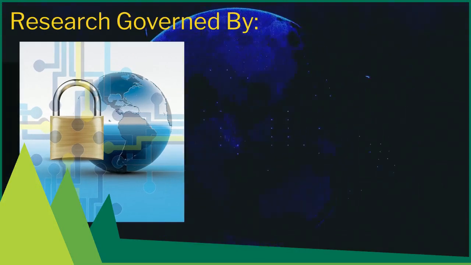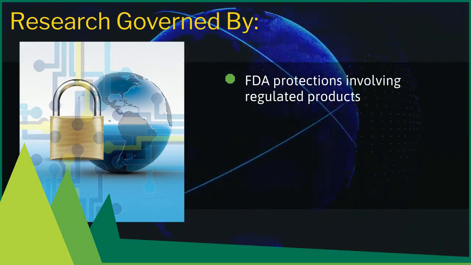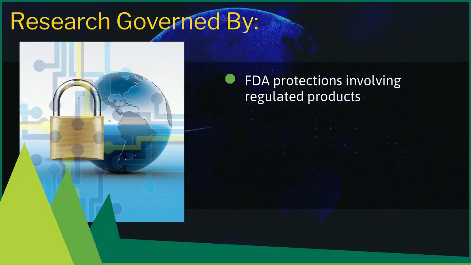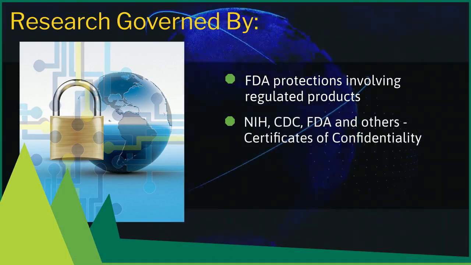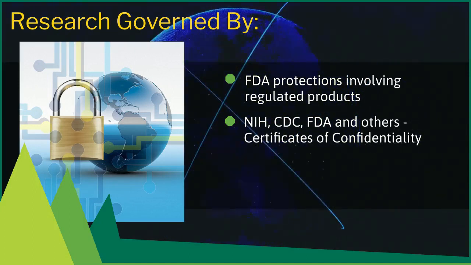The FDA also has additional human subject protection regulations, which apply to research involving products regulated by the FDA. Lastly, certain federal agencies, such as NIH, CDC, FDA, and others, may grant researchers certificates of confidentiality designed to protect researchers and institutions from forced disclosure of research records.